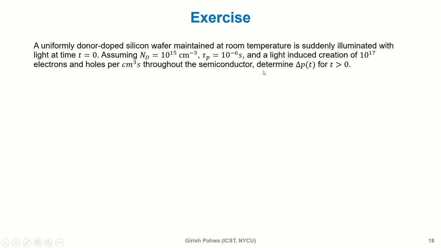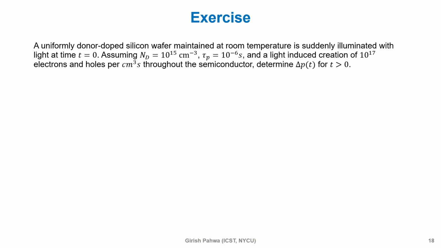I have to determine delta p as a function of time, that is, how the excess hole concentration is going to change with time. I'll give you just 2 minutes to think about how to approach this, and then I will show you the solution.